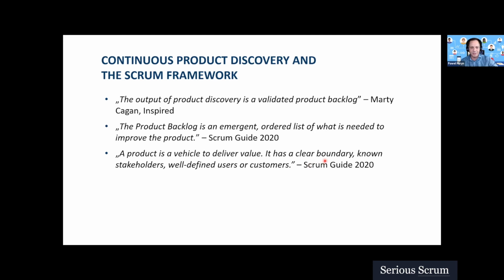We are just defining what our users will be and what our unique value proposition is. So in that case, we do the initial product discovery, but the product is not fully defined.